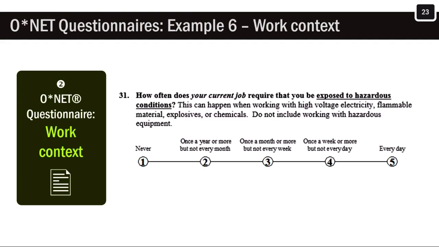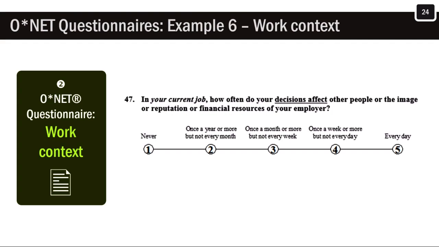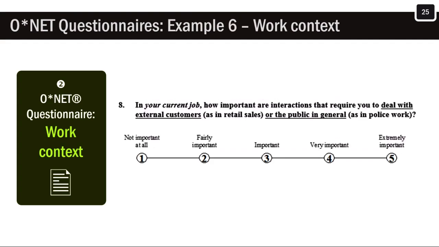These conditions include high voltage electricity, flammable materials, explosives, chemicals. It also includes a question about the impact of your decisions on other people or the image, reputation, and financial resources of your organization. It also has a question about dealing with external customers and the general public.